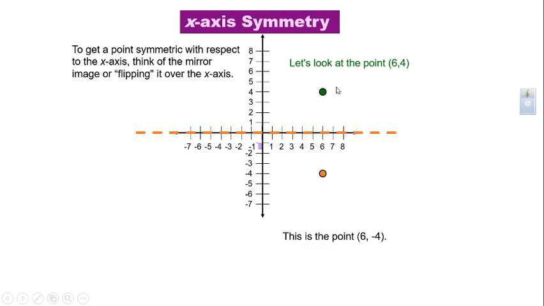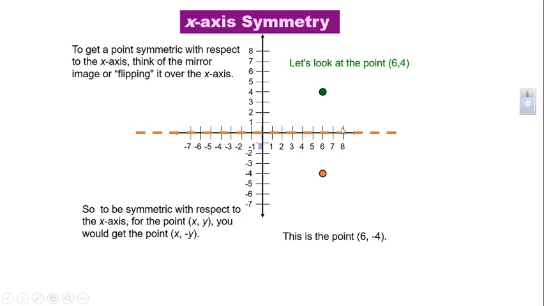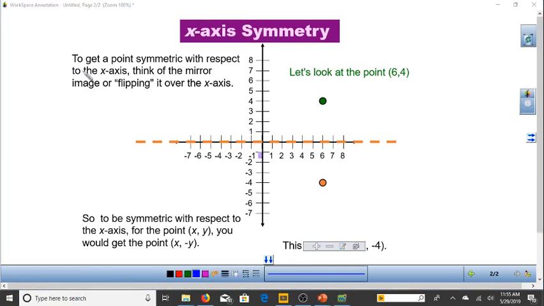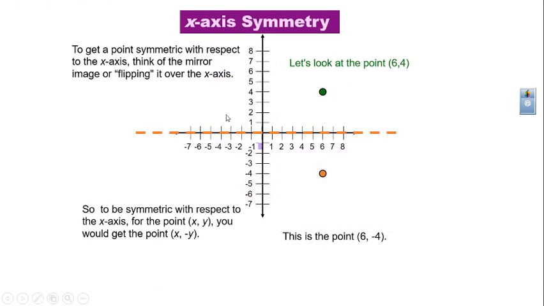So the point 6, 4 matches with the point 6, negative 4, and that is what happens when you have x-axis symmetry. To get a point symmetric with respect to the x-axis, think of the mirror image of it or flipping it across the x-axis. So for each point (x, y), there's a corresponding point (x, negative y) when we have x-axis symmetry.